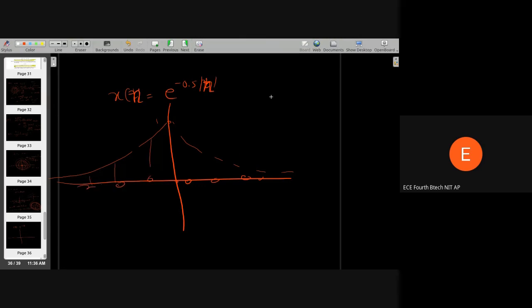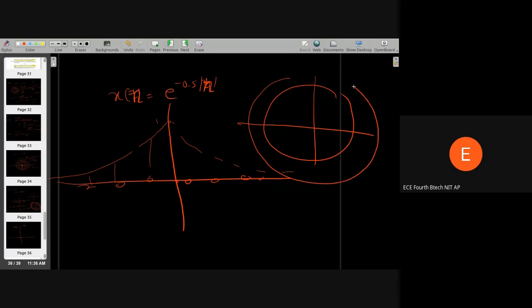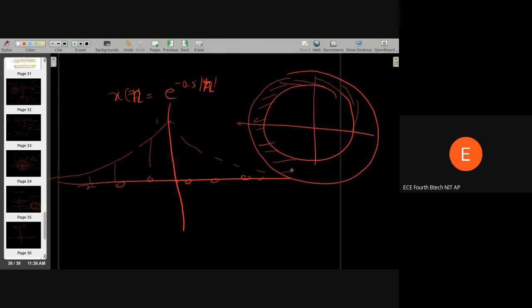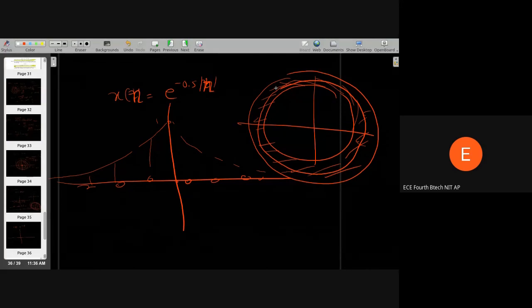You can see it is a stable signal. Even though it is infinite duration, it will die out. So if you take the Z transform of this stable signal, it should include the unit circle and the Fourier transform exists. But for other infinite duration signals, the Fourier transform may not exist.